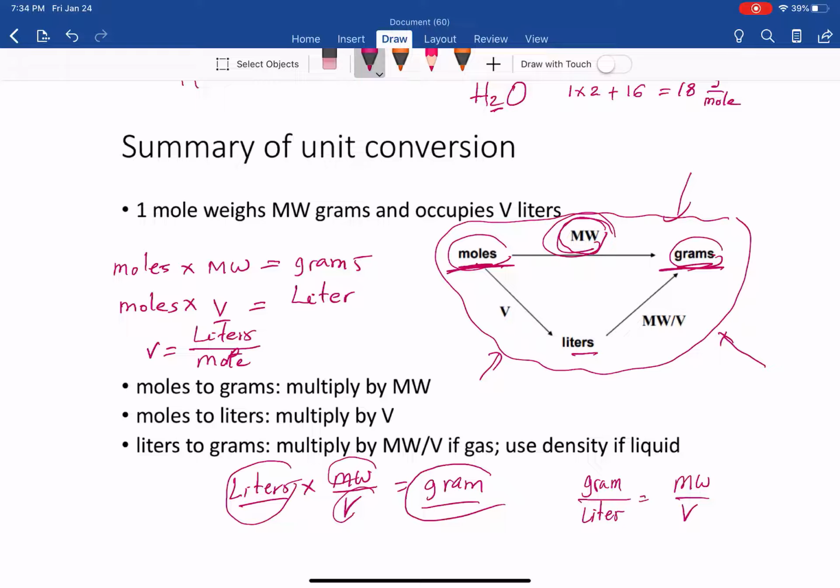If you want to go from grams to moles, you have to divide by molecular weight. If it goes from moles to liters, you multiply by volume. If it goes from liters to moles, you divide by volume. If it goes from liters to grams, multiply by molecular weight over volume. If it goes from grams to liters, you divide by molecular weight over volume.